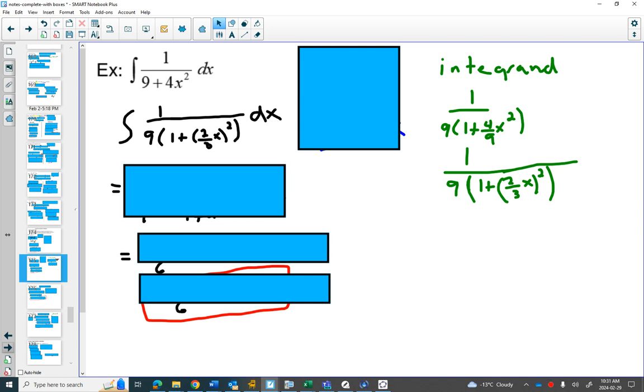The integrand is what's inside the integral, just like a radicand is what's inside a radical. The word for what's inside an integral is called the integrand. Same thing with radical: you take the AL off and add A N D. Radicand is what's inside a radical. Integrand is what's inside an integral.